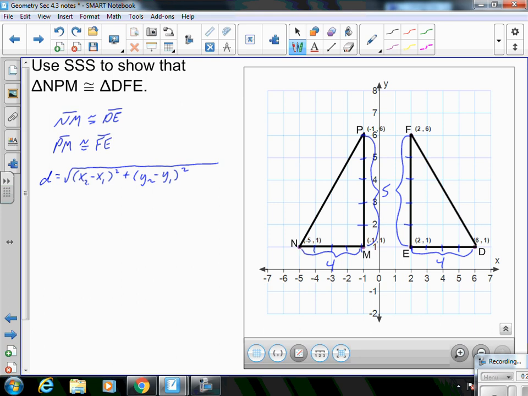So for PN, we're using the points -1, 6 and -5, 1. So the length of PN, or the distance between those 2 points, is going to be x2, which is -5, minus x1, which is -1, squared, plus y2, which is 1, minus y1, which is 6, squared.